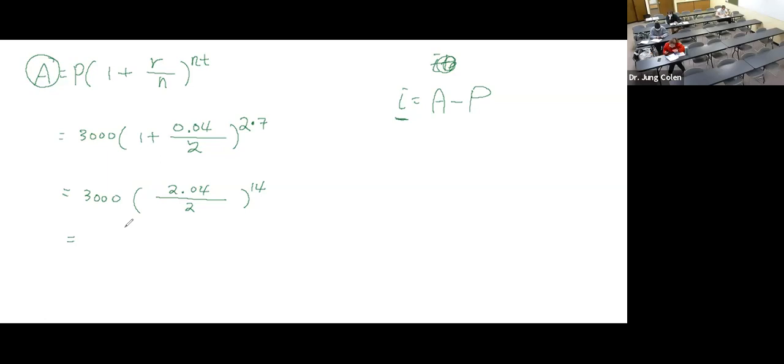So do 2.04 divided by 2 first. What do you get? 1.02. And you need to do that to the 14th power. So do you see the Y to the X button on your calculator? Press that and put 14 there. So what do you get?